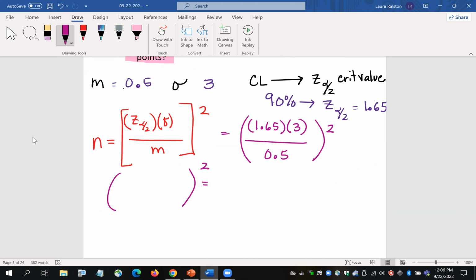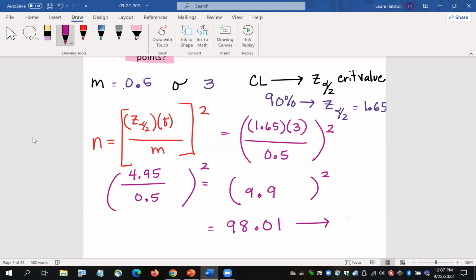Okay, so I'm going to do the math. 1.65 times 3 is 4.95, divided by 0.5, which is 9.9, and 9.9 squared is 98.01.